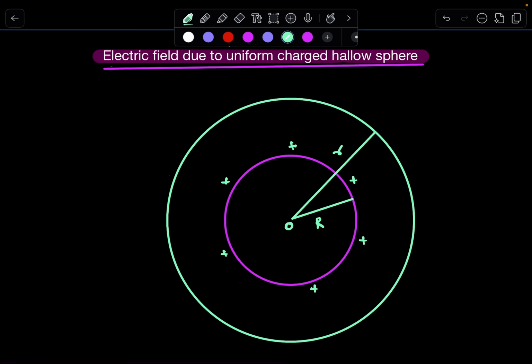Now I'm going to calculate the electric field. Here we are going to discuss three cases. First, the electric field outside the sphere.